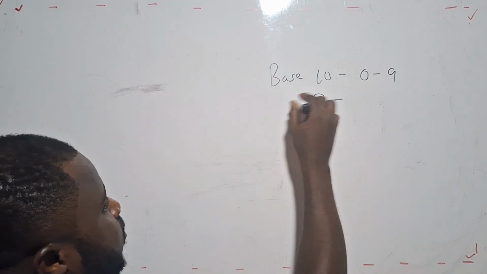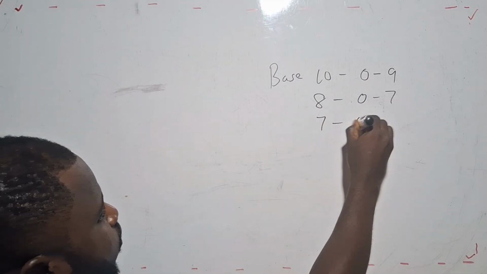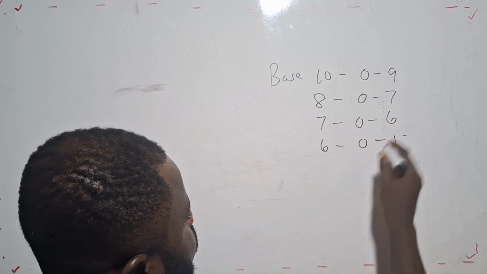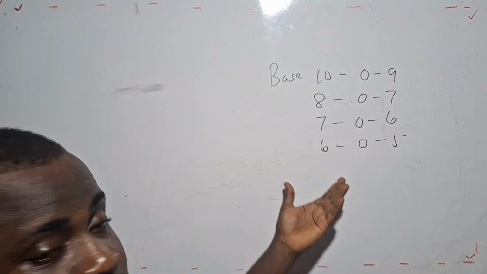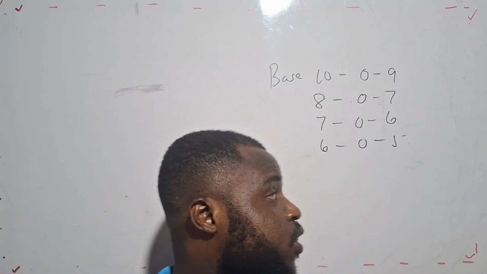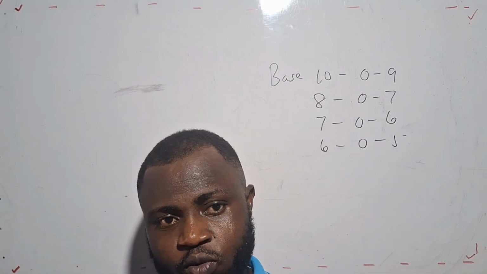Base 8, we need 0 to 7. Base 7, we need 0 to 6. And base 6, we need 0 to 5, and so on. So anytime you are working in base 6, in addition, subtraction or multiplication, and you obtain 6 as the answer, you should know there's something wrong somewhere.